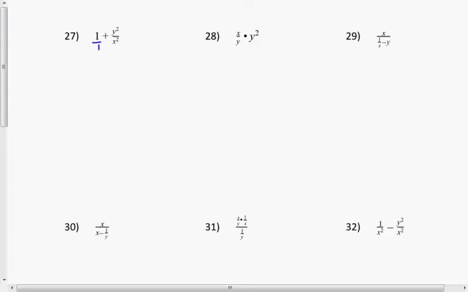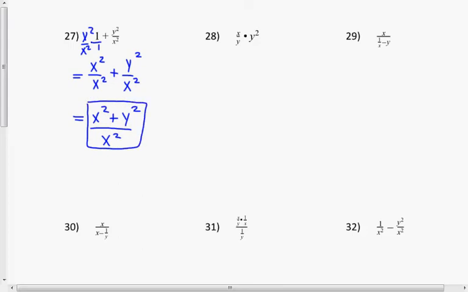The common denominator for these two, if we look at them as fractions, is x squared. So if I multiply by x squared over x squared, this is what I get. And I can add these two fractions. The numerators combine, or can be written as a single numerator over x squared.